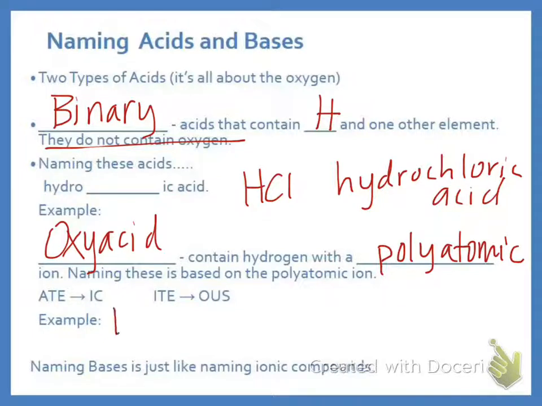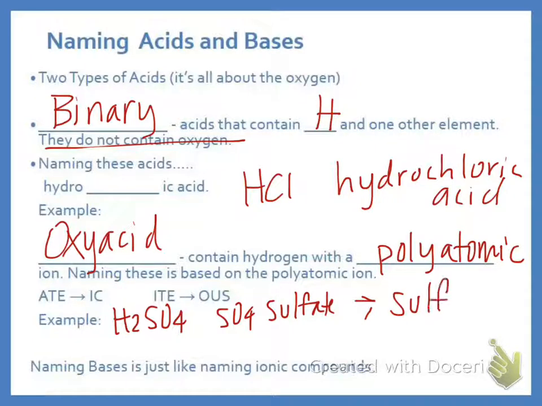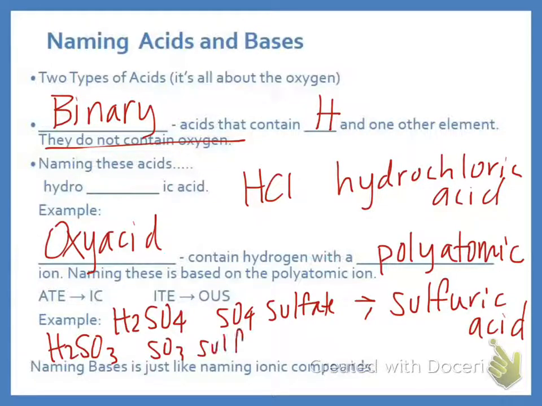So remember, if I had H2SO4, the SO4 is sulfate, and so we would call that acid sulfuric acid. Remember, we wouldn't use the hydro in there. And then if I had H2SO3, the SO3 is sulfite, so we'd have sulfurous acid.